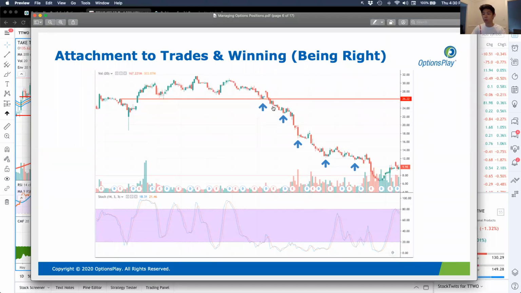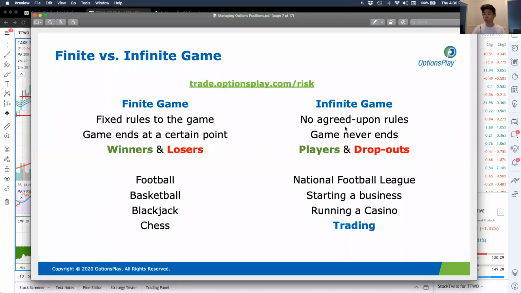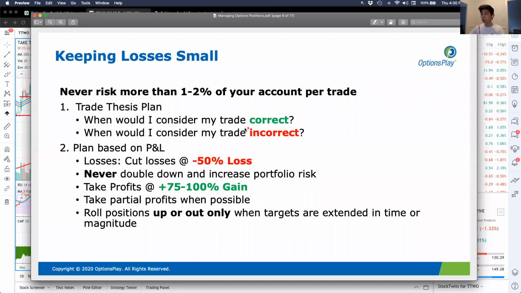It's important that you know when your trade is correct and when your trade is incorrect. You should know ahead of time why you're getting into the trade and whether, at any point, your trade is still correct or your original thesis is incorrect. If your trade is correct, you can stay in the trade, okay?